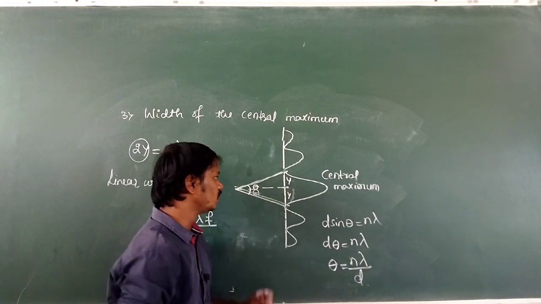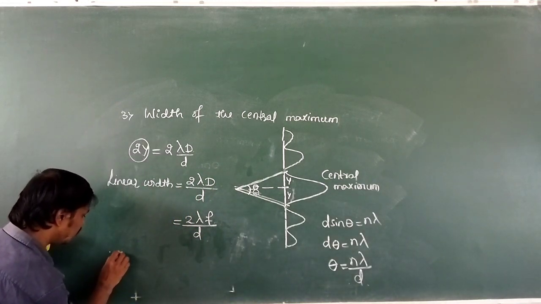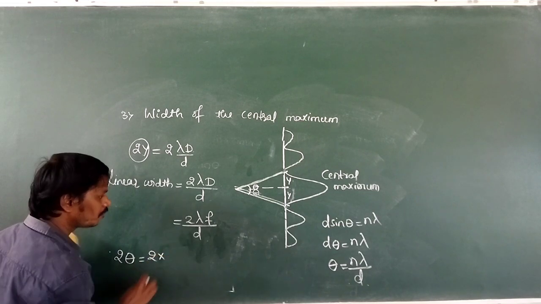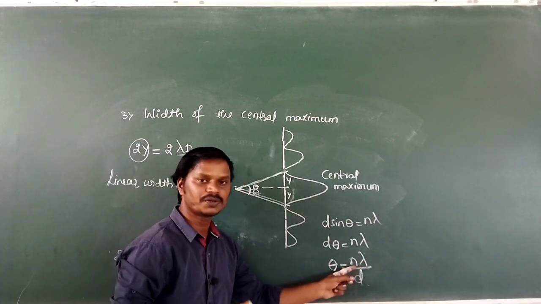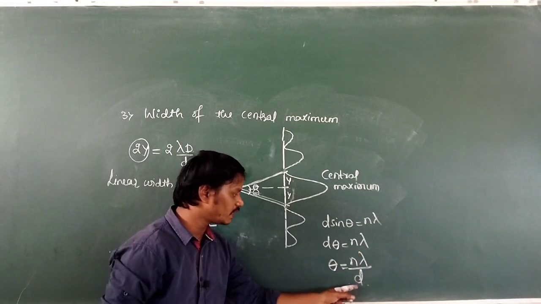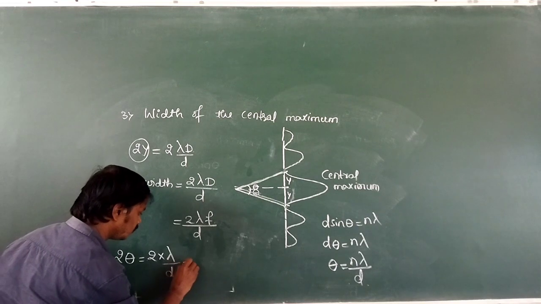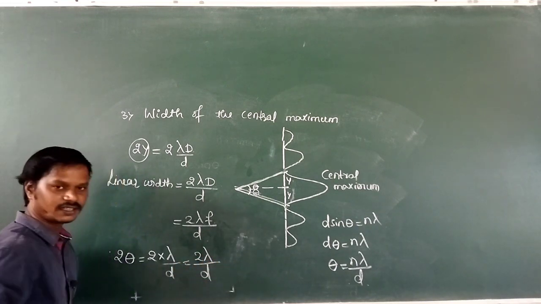It is 1. Hence the angular width, 2 theta, is equal to 2 into theta, which is n lambda by d, but n is 1 for the first minimum, so I will write lambda by d, then it is 2 lambda by d. This is the formula used to find the angular width of the central maximum.